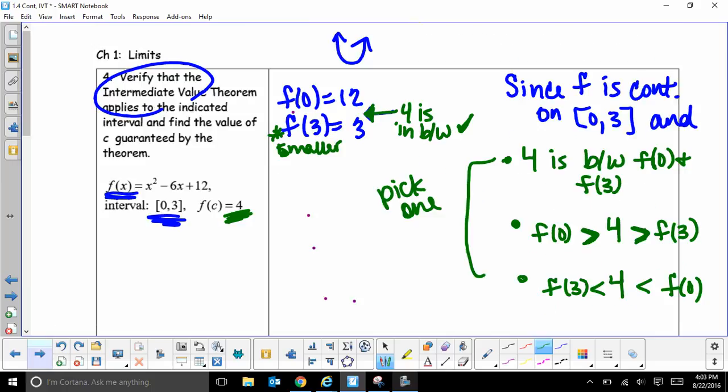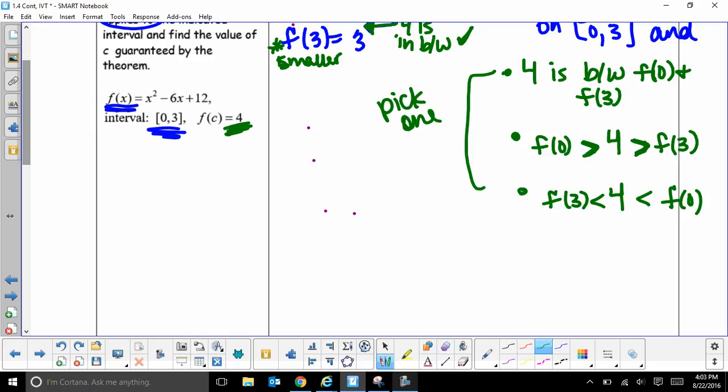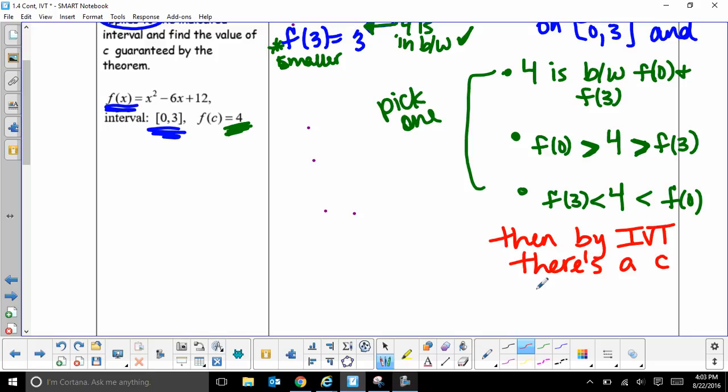Okay, then going back to the theorem, since that's all true, then I can say, then by IVT, there's a c in the closed interval, still 0 to 3, with f of c equal to that intermediate value.